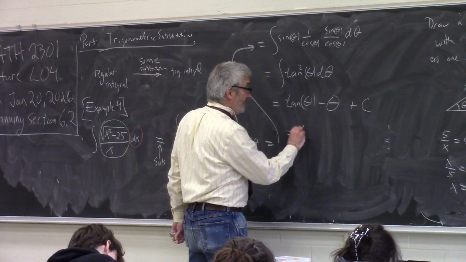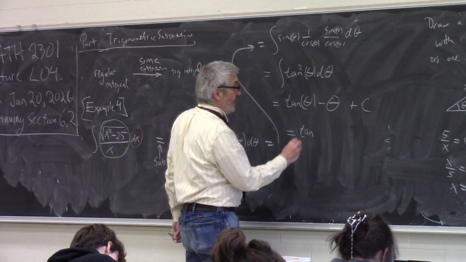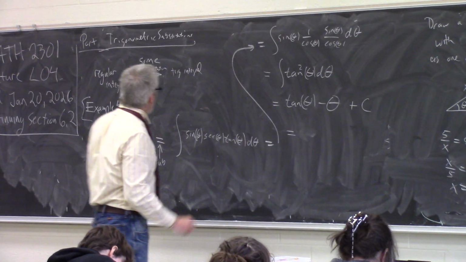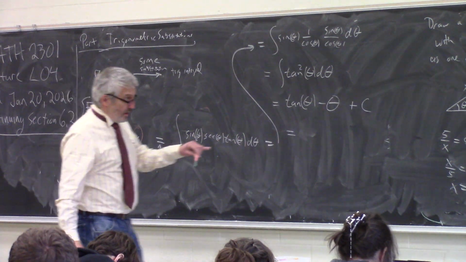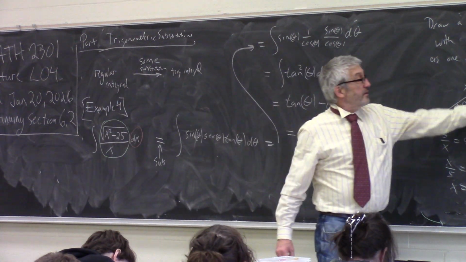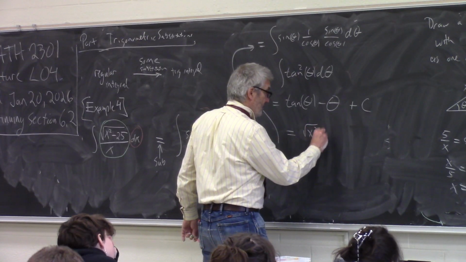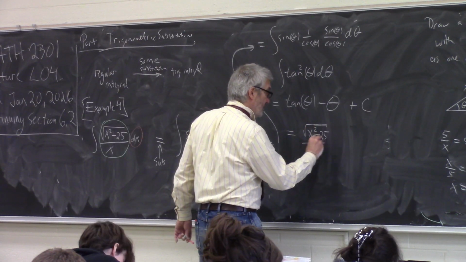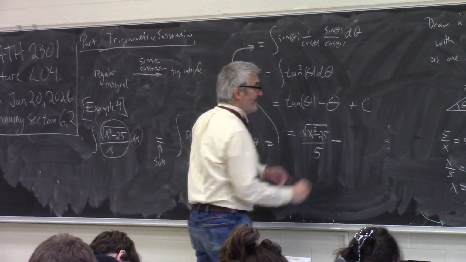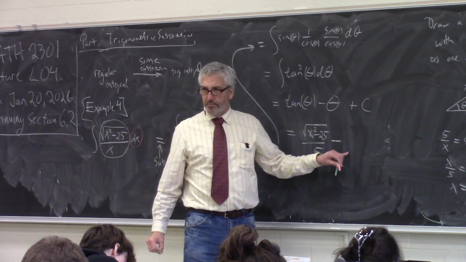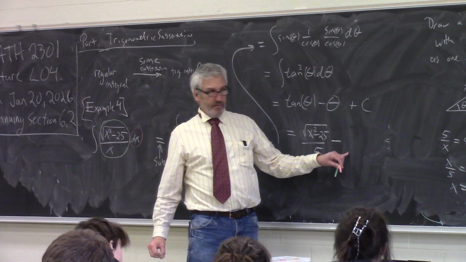Now we have to sub back. This is tan. So tan theta is going to be this over this. But what is theta? I need to substitute back in terms of x.